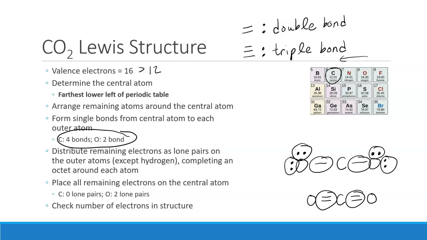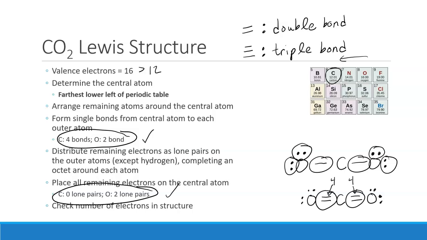Now we are happy with the correct number of bonds, and if we place the 2 lone pairs back on those oxygens, the lone pairs check off as well, and we have the correct number of bonds and lone pairs for each atom. If we total up the number of valence electrons, keeping in mind every line represents 2 electrons, here we have 2 lines, which is 4 electrons, and here we have 2 lines, which is 4 electrons.